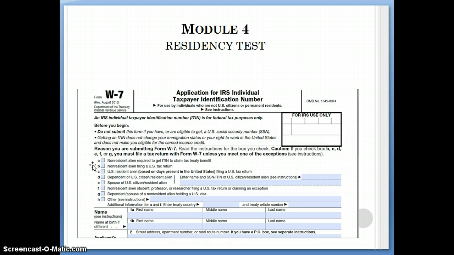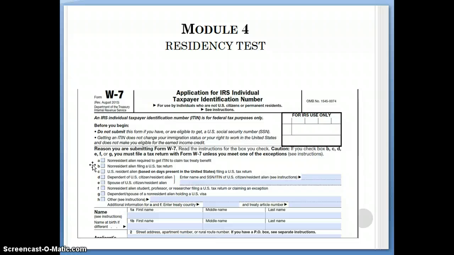A non-resident alien filing a U.S. tax return must file a Form 1040-NR for non-resident, and these types of returns are out of scope for us. That's why it's important to understand the definition of a resident alien to ensure we are able to prepare the tax return and that the client is eligible for our services.